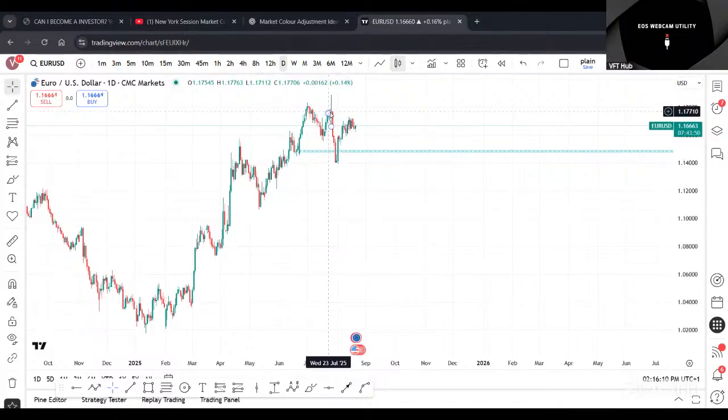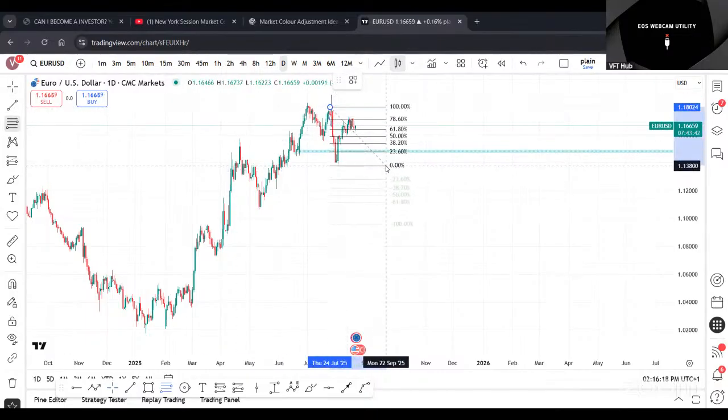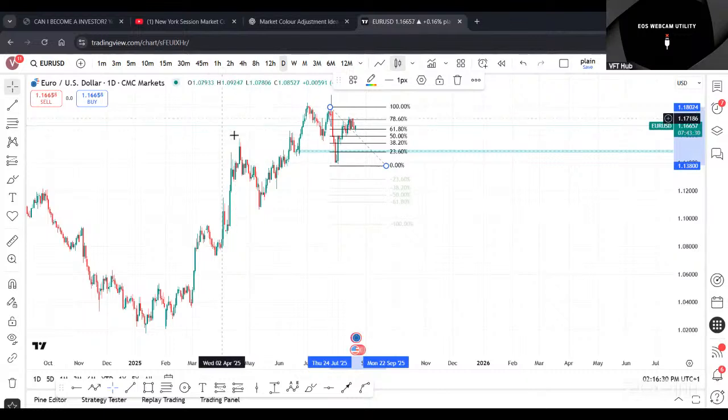Break, change of character first, break of structure, and we saw a retest. If I fib this most recent swing from point A to point B, price traded into the 78.6% fib level, held off that point and we see some reaction. So this is establishing the fact that I will be looking out for sell opportunities on Euro USD.